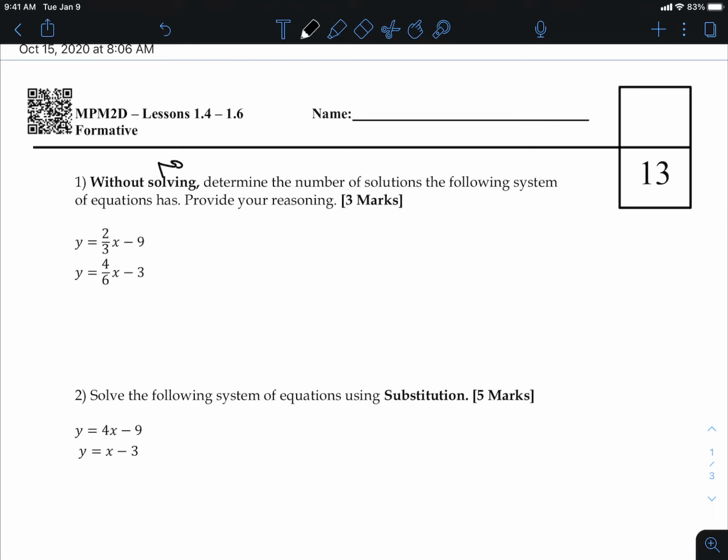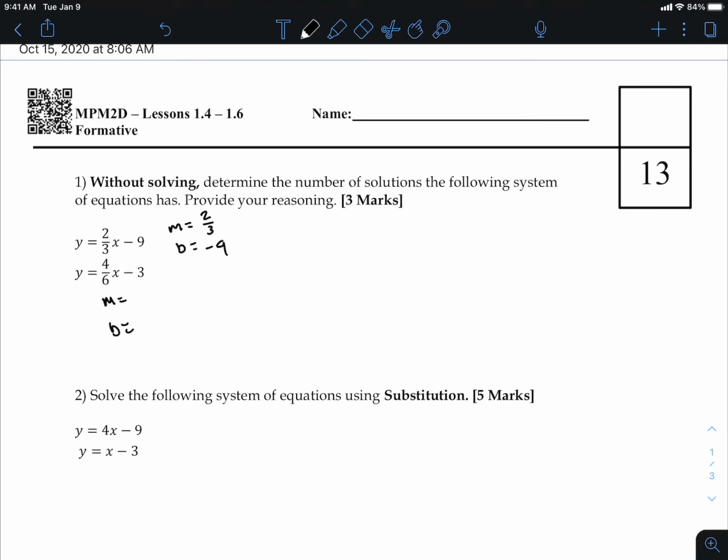For the reason, and this is what I want to see, if I ask you something like this ever again, you want to discuss the m value and the b value for both equations. We did this in 1.4. So in this equation, m was 2 over 3, and b was negative 9.